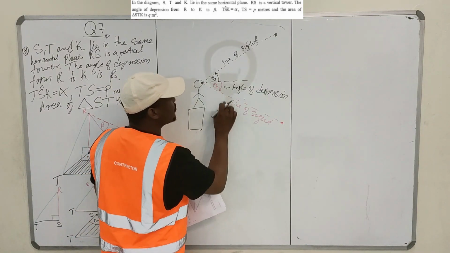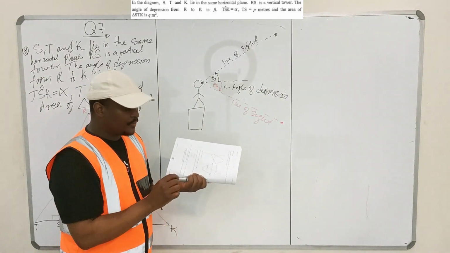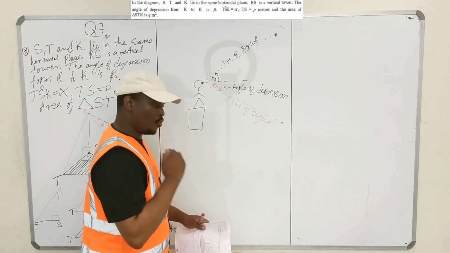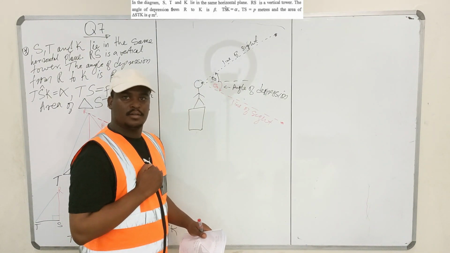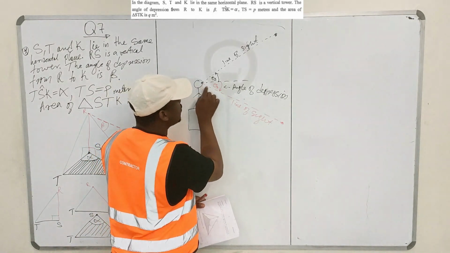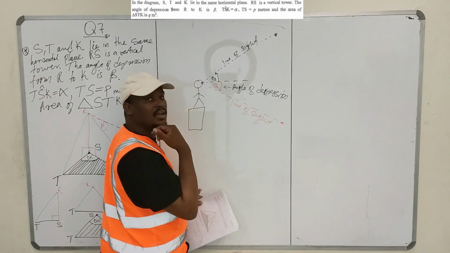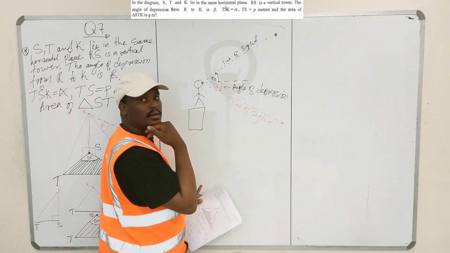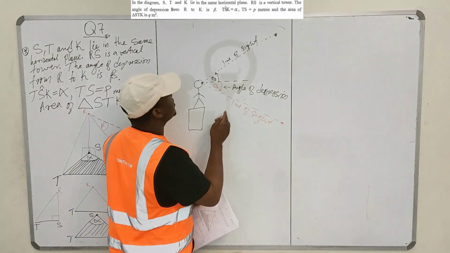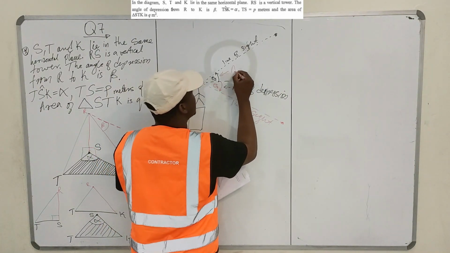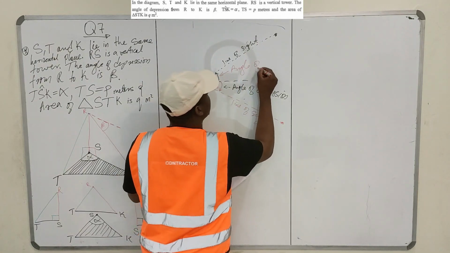So the angle of depression is measured from the horizontal to a line of sight which is below the horizontal, right? As you can see, the horizontal is here, and the line of sight is this one down here. The angle of elevation is this one up here. This is the angle of elevation.